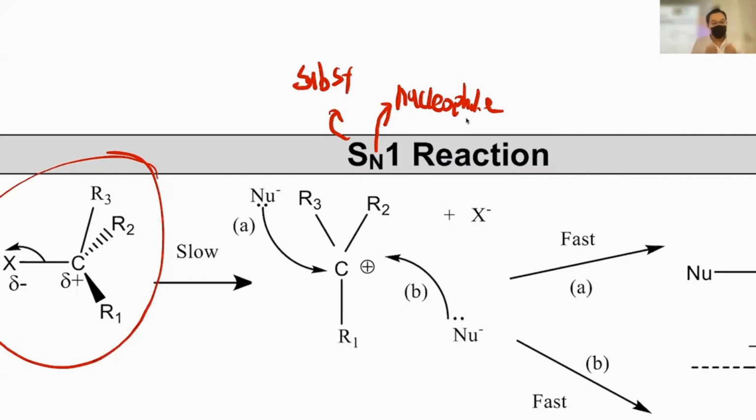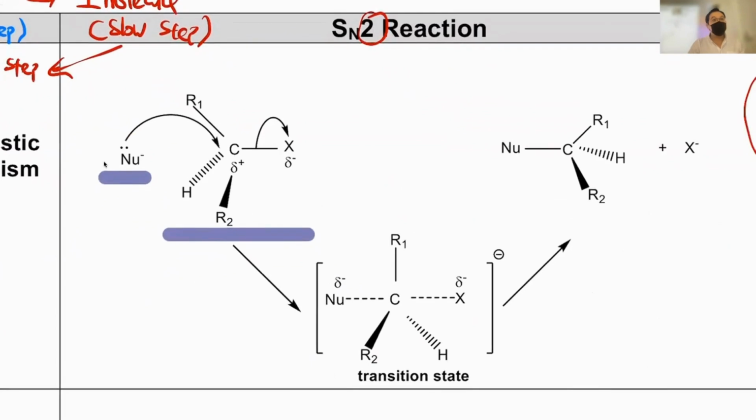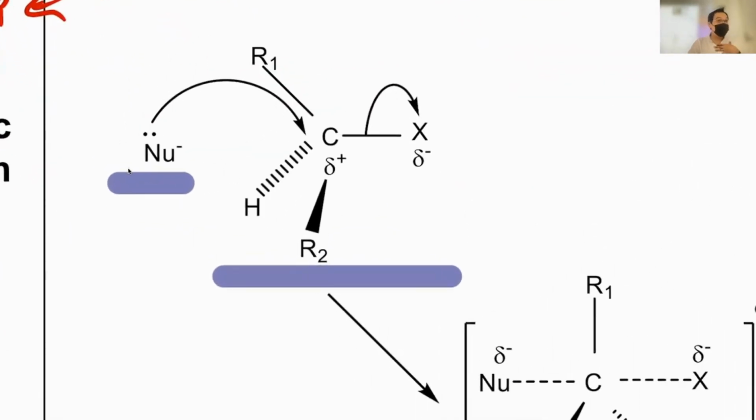Now, I'm going to dive into the mechanism. Can we take a look at SN2 at the beginning so that we understand SN2 first? So in SN2, substitution with a nucleophile involving 2 reactants. So there are 2 reactants here. Now let's take a look. The nucleophile is performing the reaction. Nucleophile is electron rich. Carbon is bonded to the halogen.